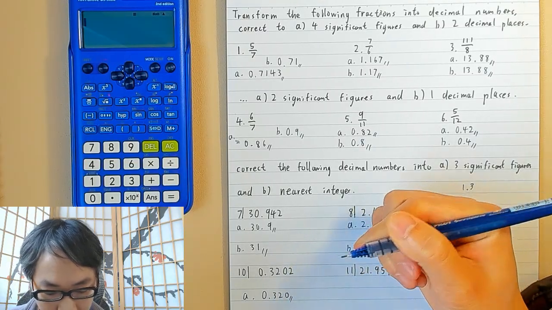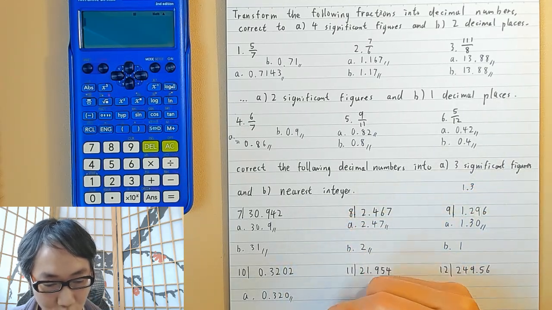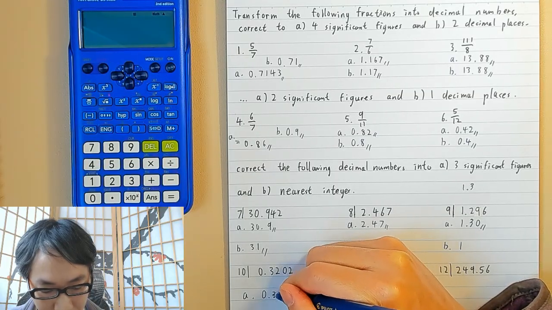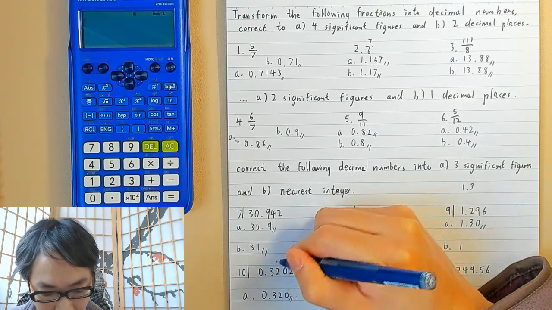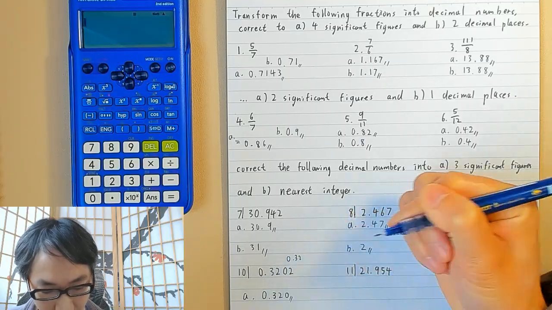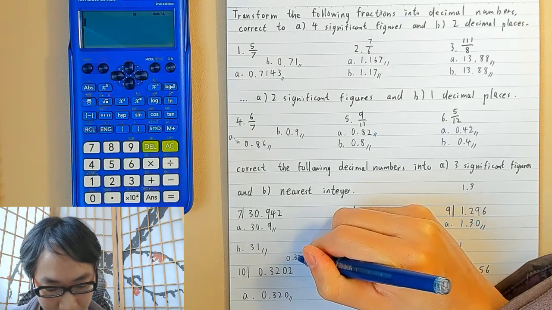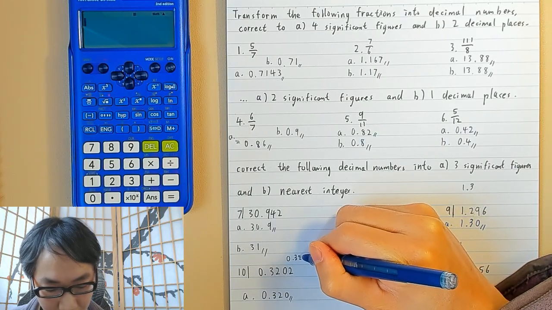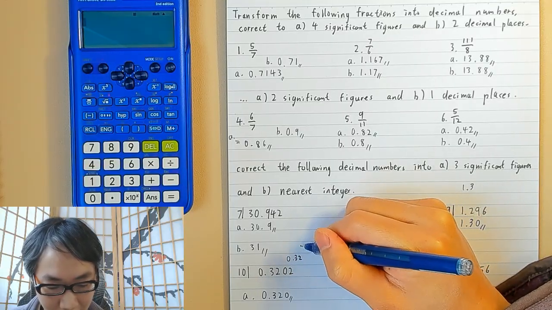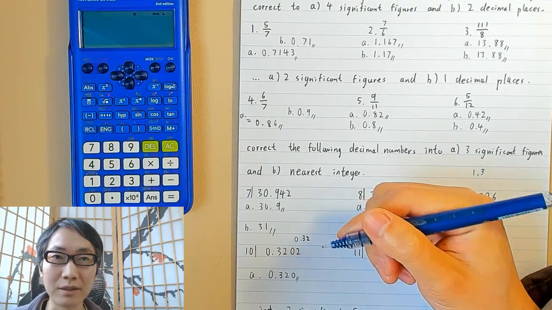This is also a figure, although it does not carry value, because it shows how accurate we are. Without the 0, this is correct to two significant figures. Okay, and then we will be misled that this is less accurate than we intended.